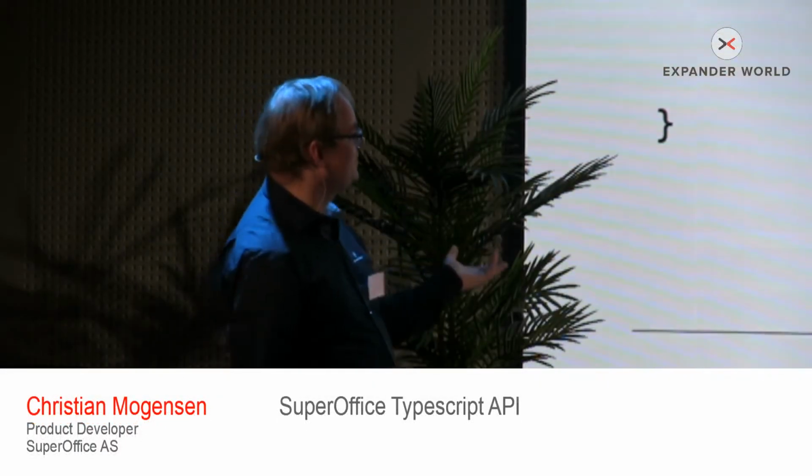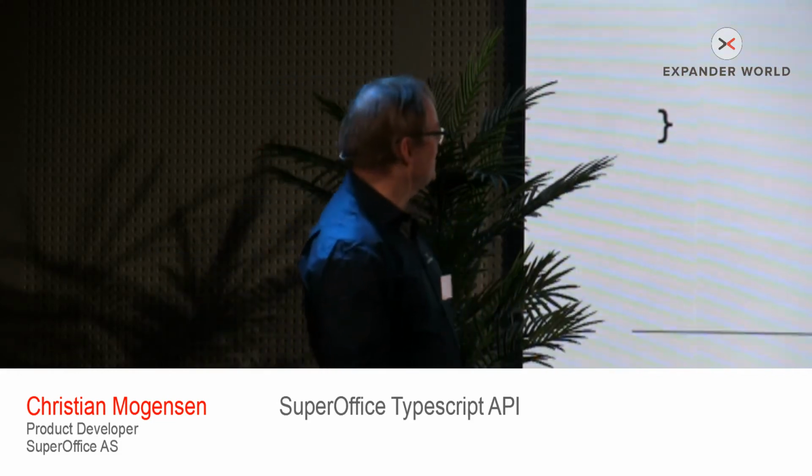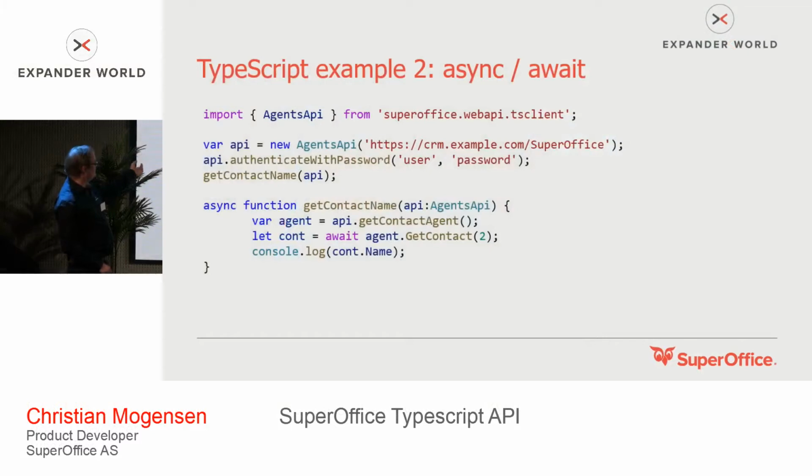So one of the things we can do is, instead of doing the dot then, done, then, we can say await the result, and then we can write more serial, more linear code. One of the annoyances, of course, is that you can't do this in the main body. You have to stick it inside an async function and then call that, because for some reason it's impossible for the main function to be asynchronous.